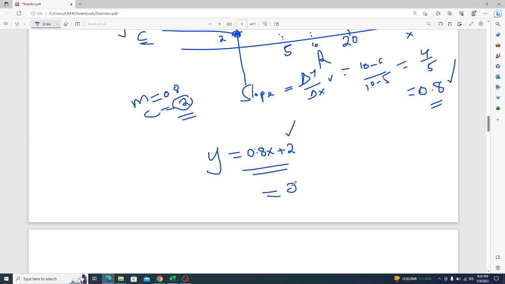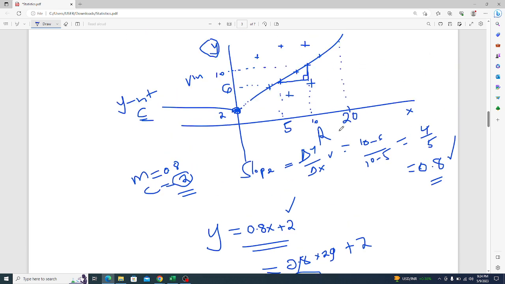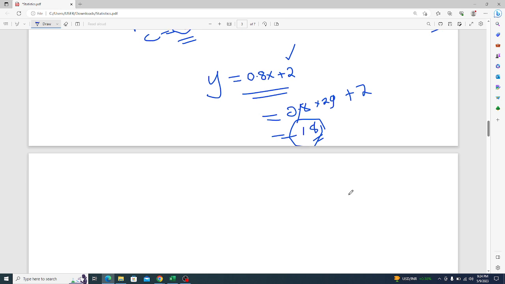It will be 0.8 multiplied by 20, plus 2. Is this 16? It would be 18. So we will be expecting 18 umbrellas at this point. Yeah, so that's how we will build our model.